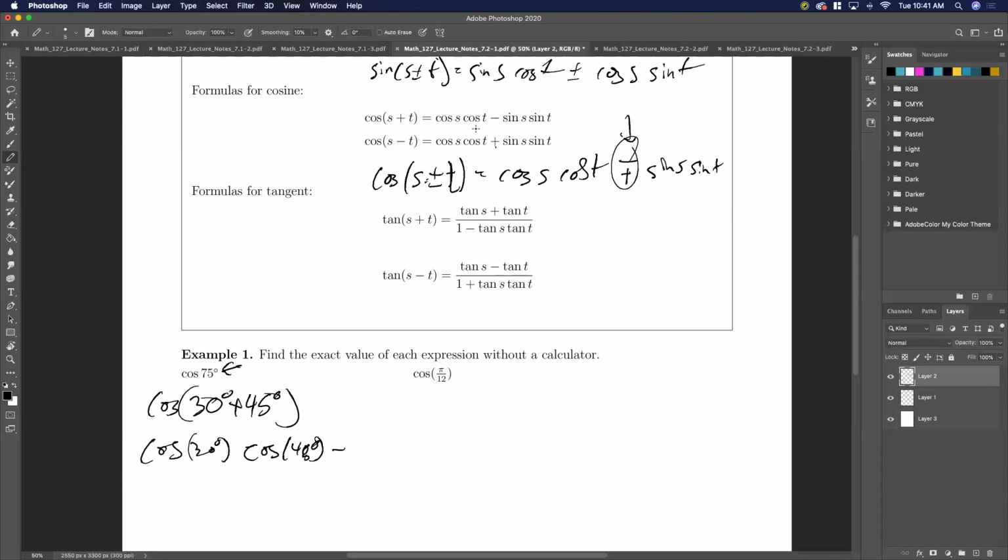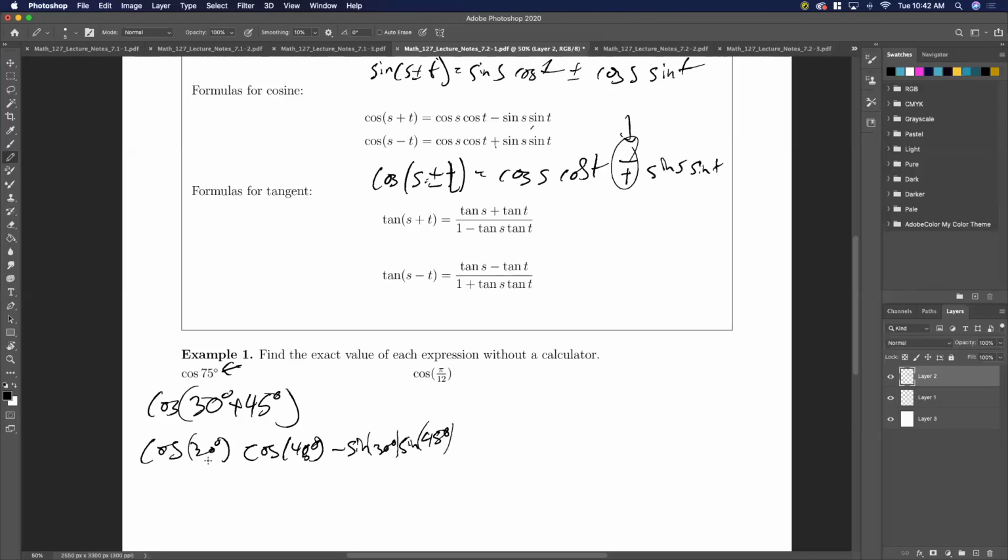This is plus, this is now negative. Sine of 30 degrees, sine of 45 degrees, sorry.